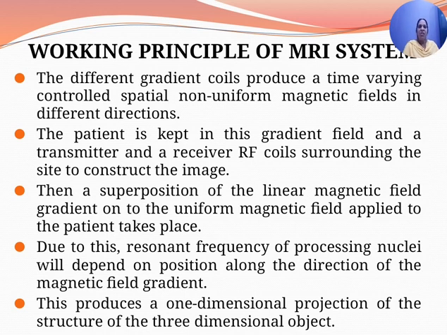Then there is a superposition of the linear magnetic field gradient onto the uniform magnetic field applied to the patient. Due to this, the resonant frequency of the precessing nuclei will depend on the position along the direction of the magnetic field gradient.